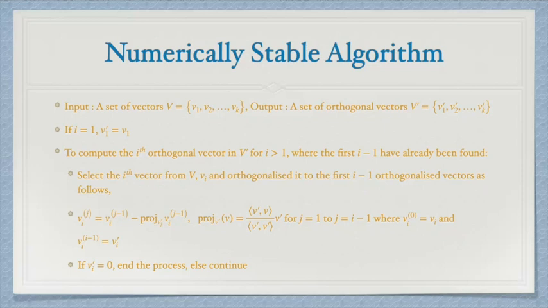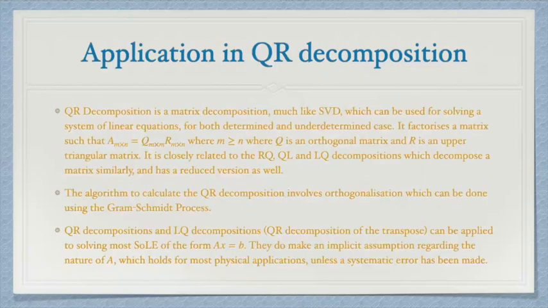In each iteration, vi at the jth iteration is vi at the j minus 1th iteration minus the projection of vi at the j minus 1th iteration along the jth orthogonal vector. This successively reduces the error by ensuring that computationally each vector is orthogonal to the first choice of vectors. We also include the modification we introduced previously: if vi dash is equal to 0, we end the process, and otherwise we continue the process for the further set of orthogonal vectors.